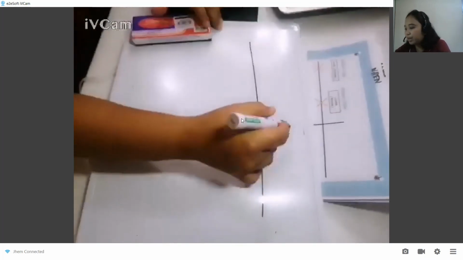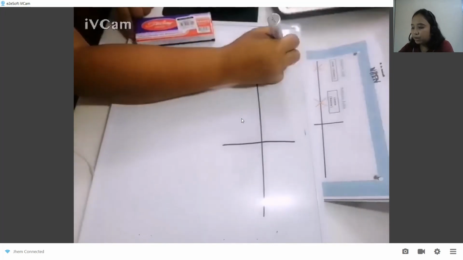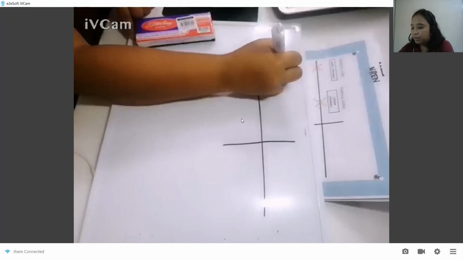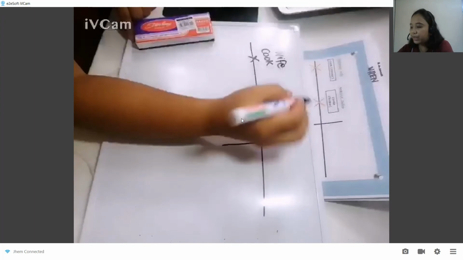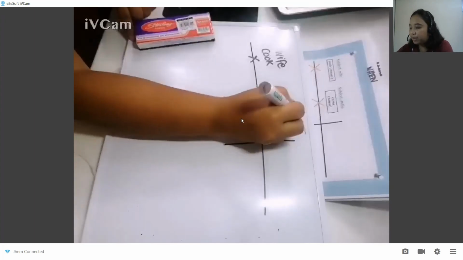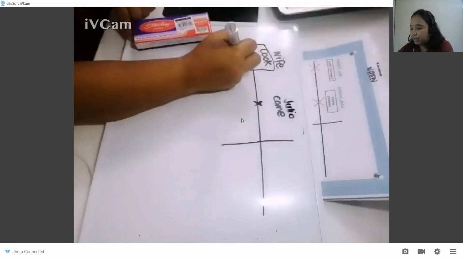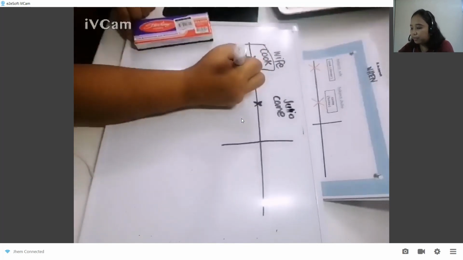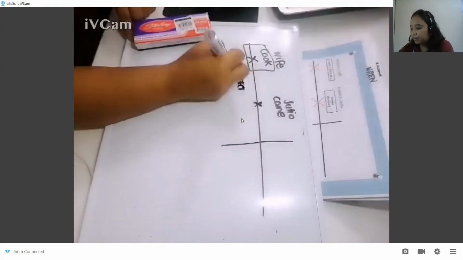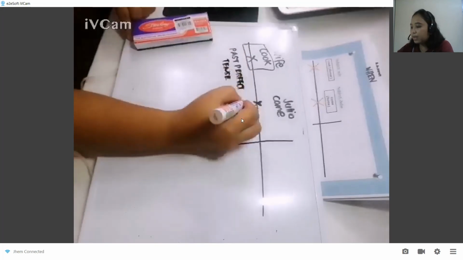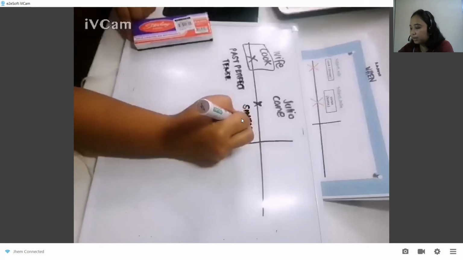So if you try to analyze that, the first action would be cook, and the one who cooked was the wife, and the other verb is come, and the one who came was Julio. Since this is the first action, again, this is the one in the past perfect tense. And this one is the one in the simple past.